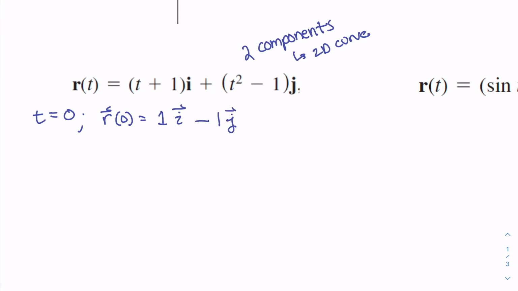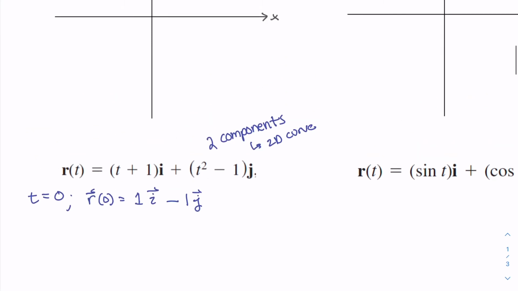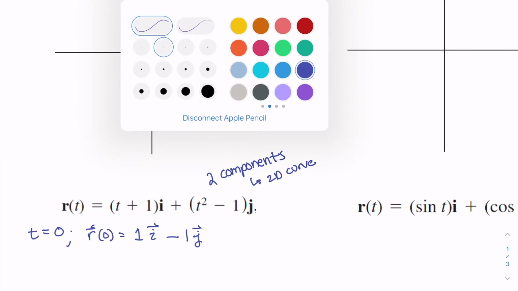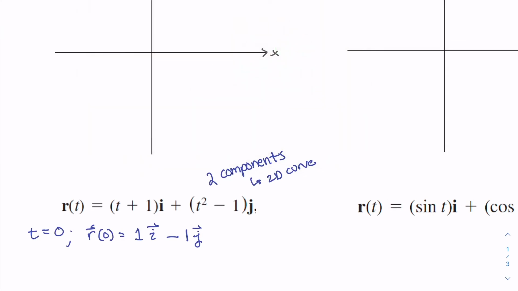So at t equals 0, when our input's 0, the output vector is 1i minus 1j. And so let's plot that up here. So 1i minus 1j is going to look something like that. So that's at t equals 0.